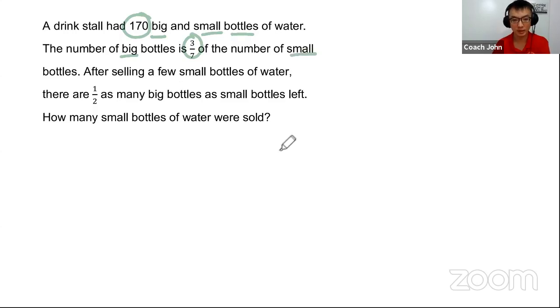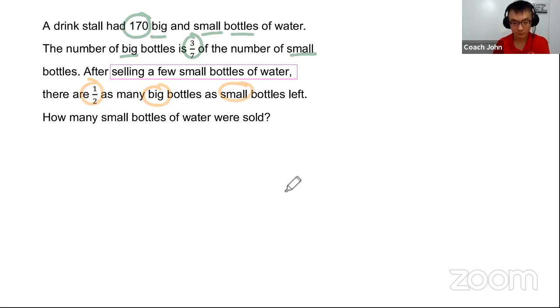Then selling a few small bottles of water. So this is a change. So make sure that you highlight the change using another color. Then for after, let me just use orange. Then you have big bottles, small bottles, and of course the half.